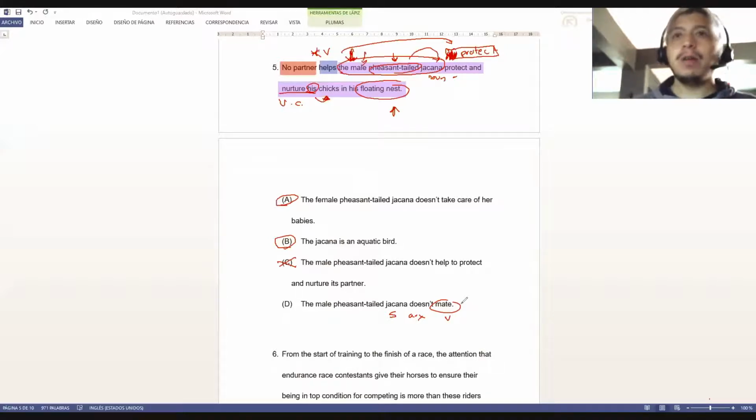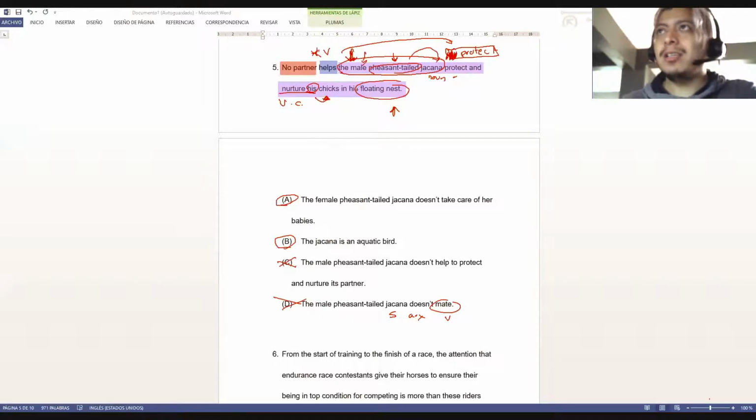When you have two animals and you want to make more, they mate. When they are mating, they are just reproducing. They are having sex, pretty much. So the male fish and tail jacana doesn't have sex. That is false. If the male jacana didn't mate, it wouldn't have chicks. It wouldn't have babies, but they have babies. So that means that they mate.